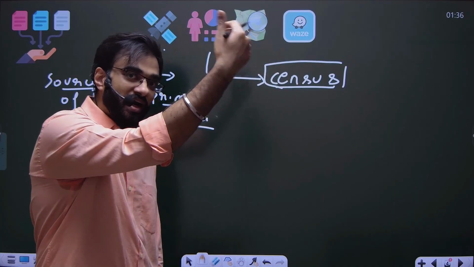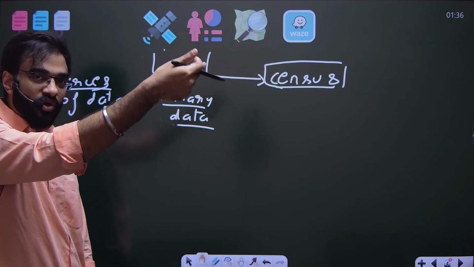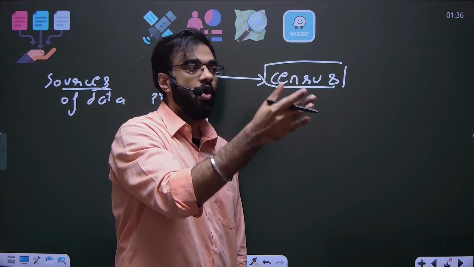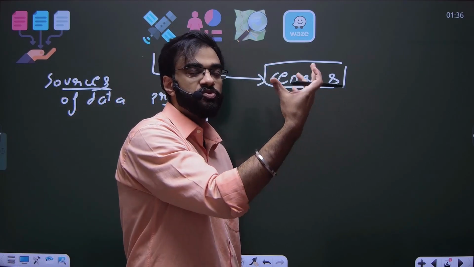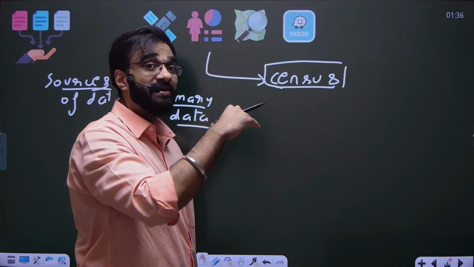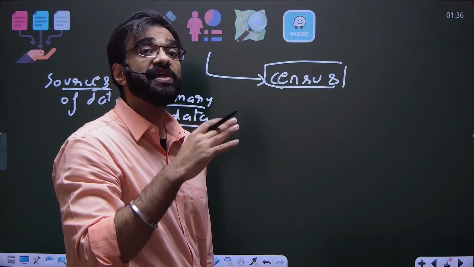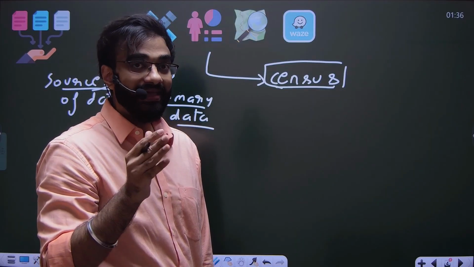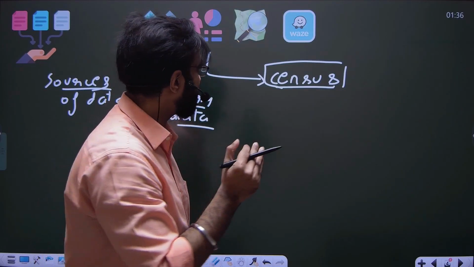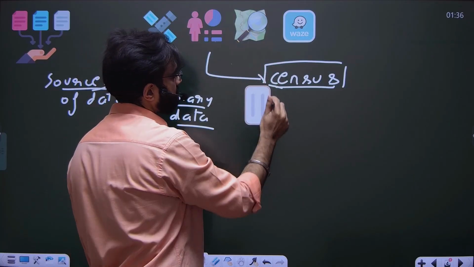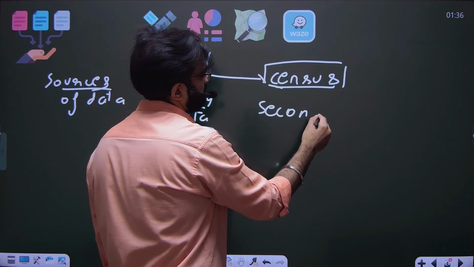For the government or the block level officers or the volunteers going from home to home or collecting data through Google Forms or from online facilities, that was primary data for them. But as GIS analysts, when we are working on software like QGIS or ArcGIS, for us it will be secondary data. Okay.